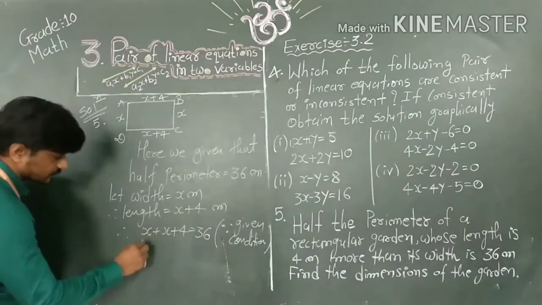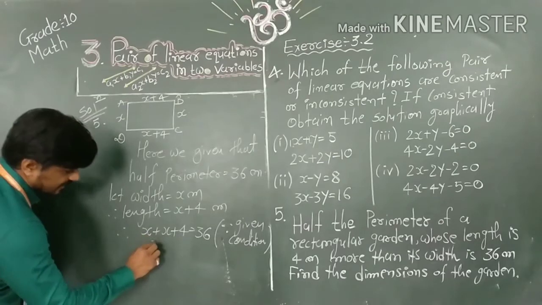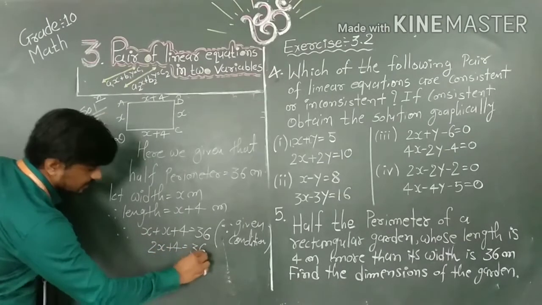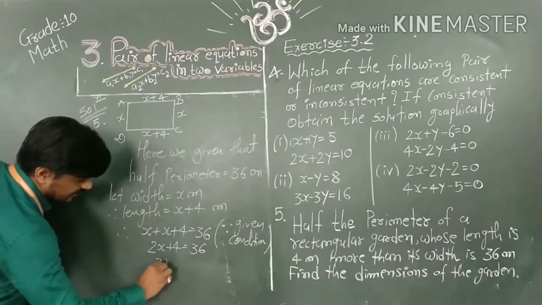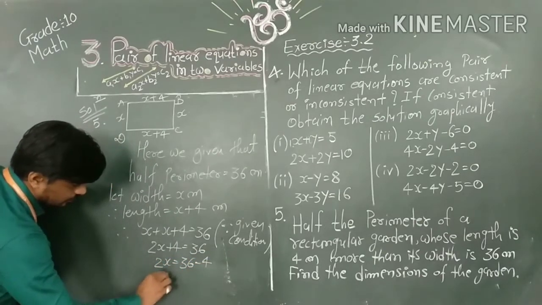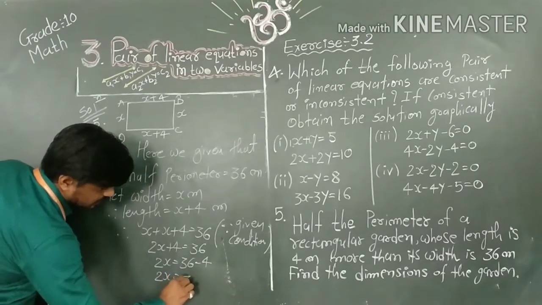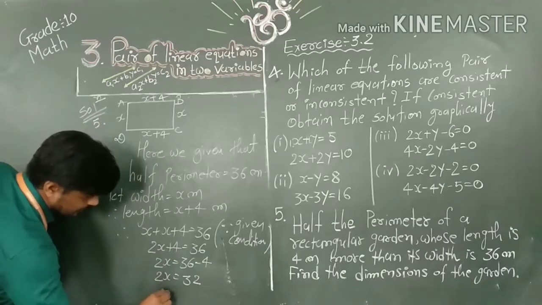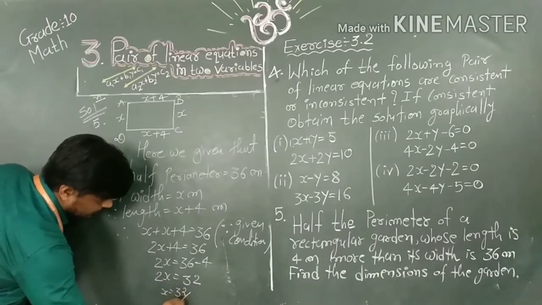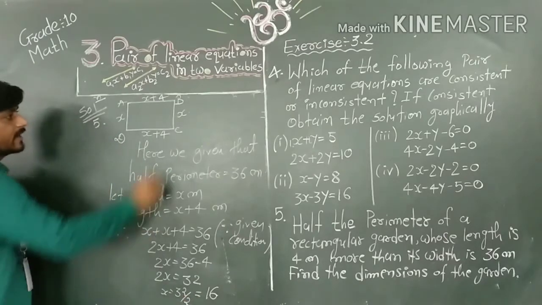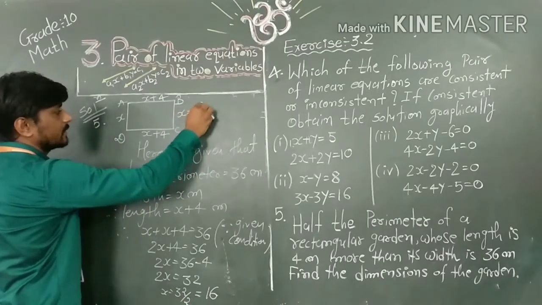Now simplify. x plus x, that means 2x plus 4 is equal to 36. When we transfer to the opposite side, it becomes negative. 2x is equal to 32. That means x is equal to 32 upon 2, that means x is equal to 16.